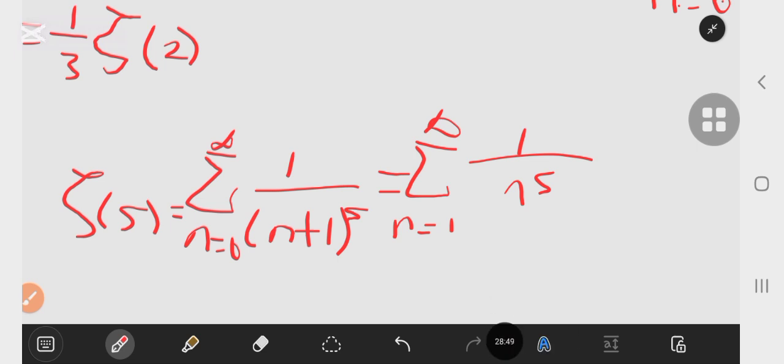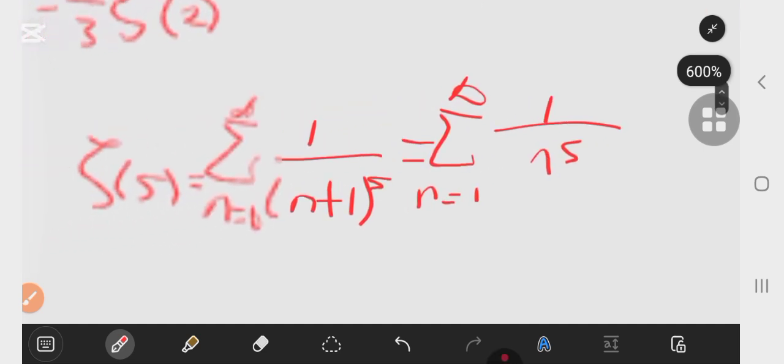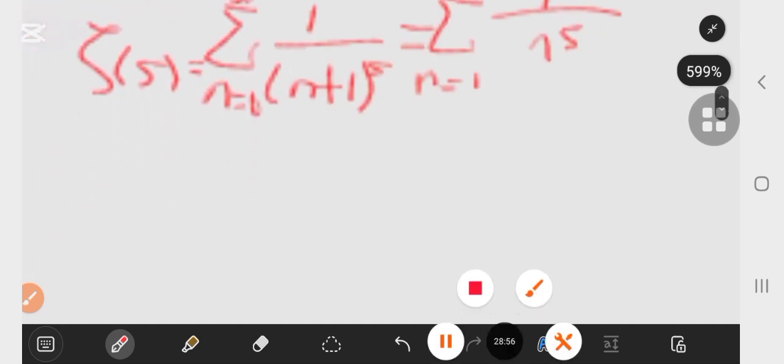Okay, now a second one that I'm going to introduce here is known as the Polygamma function.